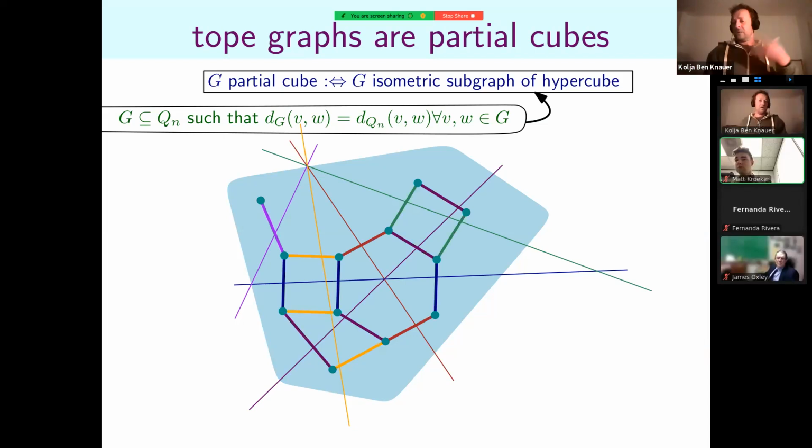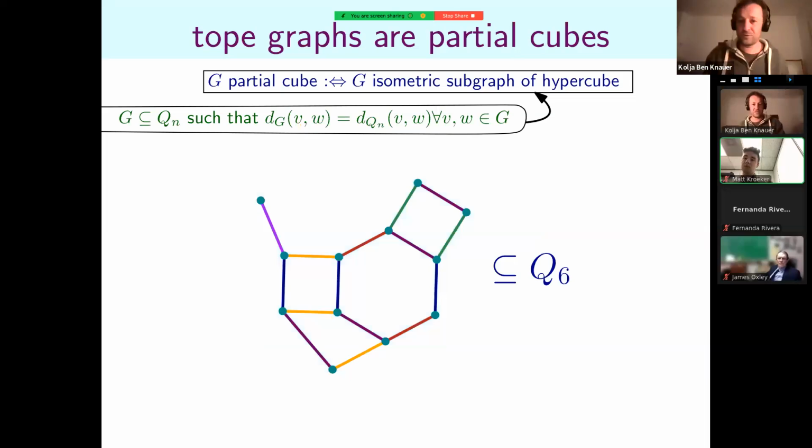So how does this work? Well, you have here the partial cube, and now you can color every edge corresponding to its hyperplane. This gives a partition of the edges. Each part of this partition corresponds to a coordinate of the hypercube that we will embed in. So this, for instance, will be in Q6.